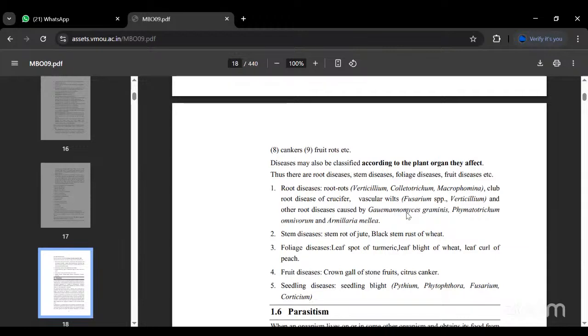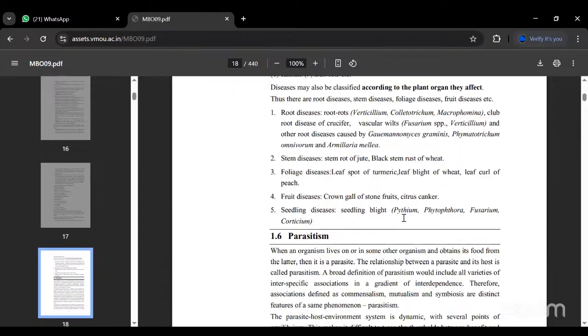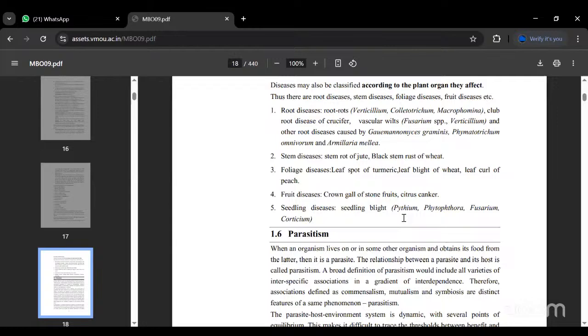Other root diseases are caused by Gaeumannomyces graminis, Phymatotrichum omnivorum, and Armillaria mellea. These are the root diseases. Stem diseases: stem rot of jute, black stem rust of wheat.